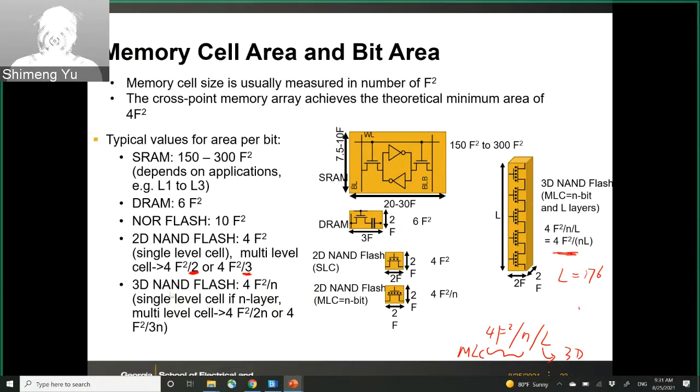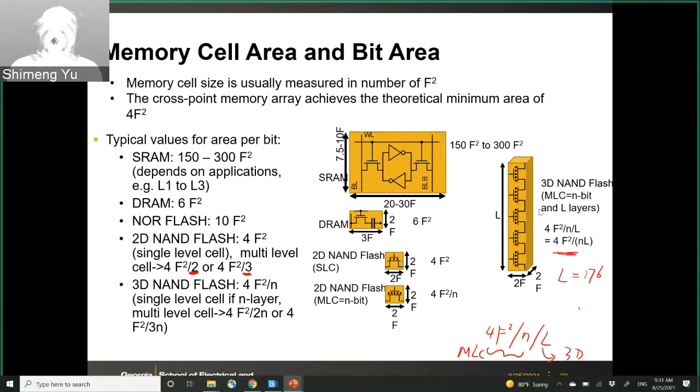So for the 3D NAND flash, we have a number of layers in the 3D stack. If the number of layers is L, then equivalently on the 2D space, we will have this 4F squared divided by N, where N is due to the N-bit multi-level cell, and then divided by L, or equivalently 4F squared divided by N times L.